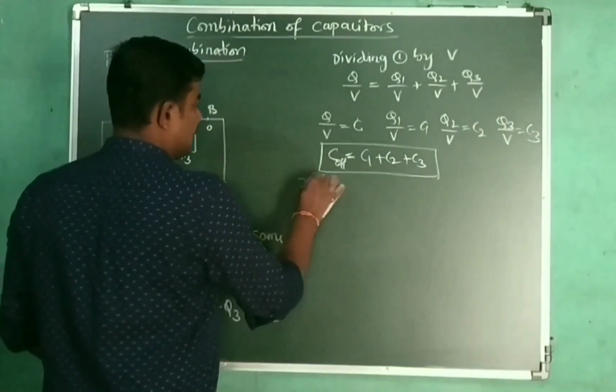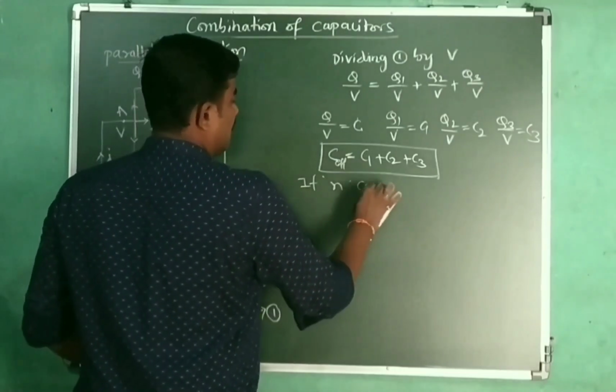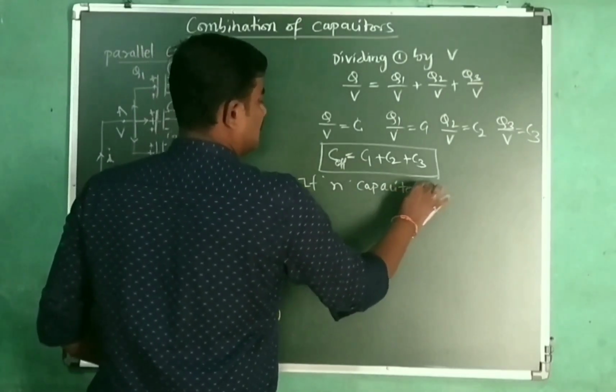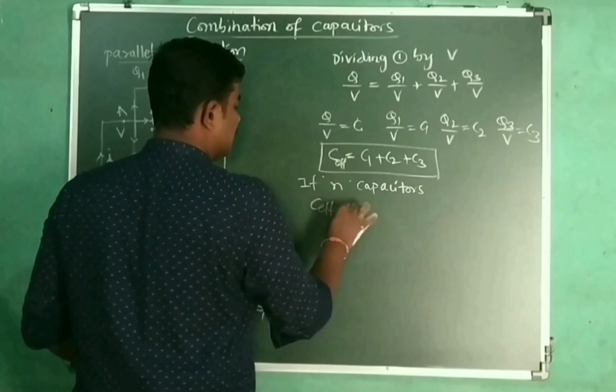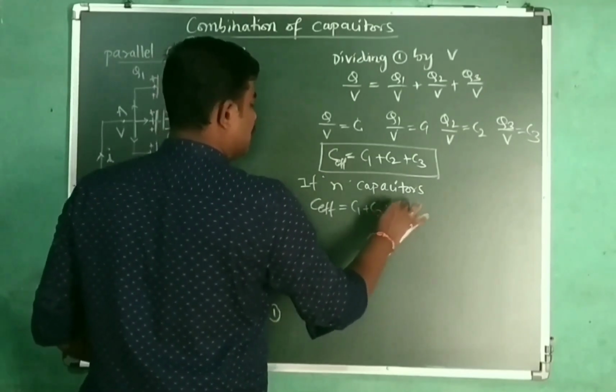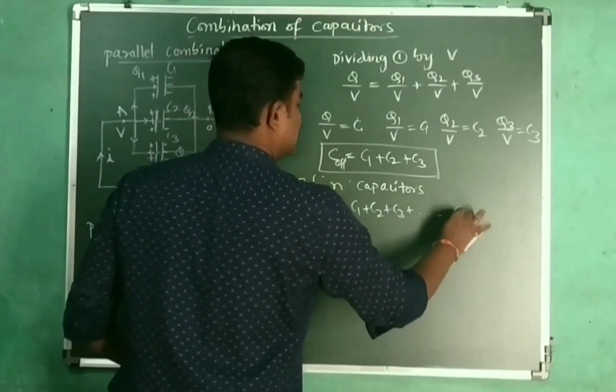If n capacitors are there, then C effective is equal to C1 plus C2 plus C3, and so on up to Cn.